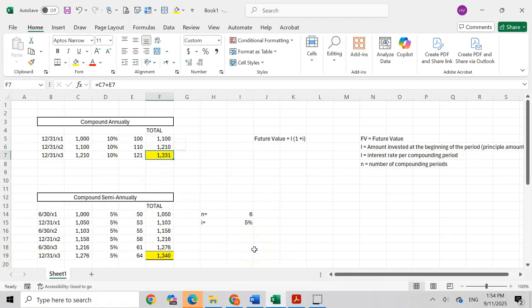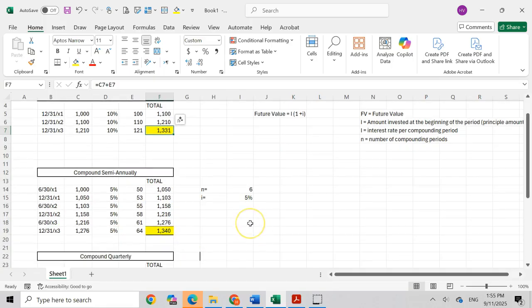Let's continue looking at another example where I compound semi-annually. So this is the same problem where I invest $1,000, but now over 3 years, and it compounds semi-annually. So I have 6 compounding periods, right? I have June 30th of year 1, 12/31 year 1, June 30th year 2, 12/31 year 2, June 30th year 3, 12/31 year 3.